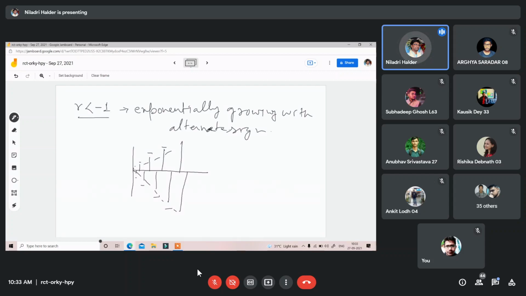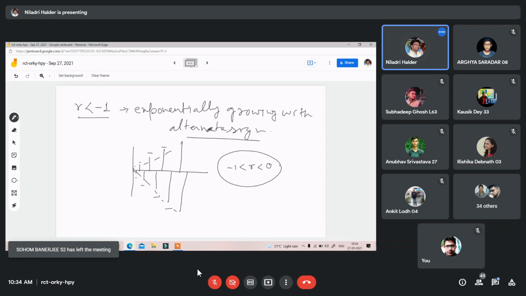And the last condition, if the r value is between -1 and 0, then it will be exponentially decaying with alternate sign. So these are the four conditions in case of a real discrete exponential signal.